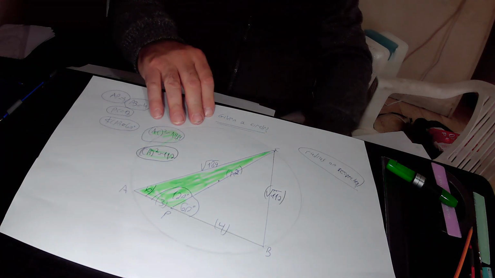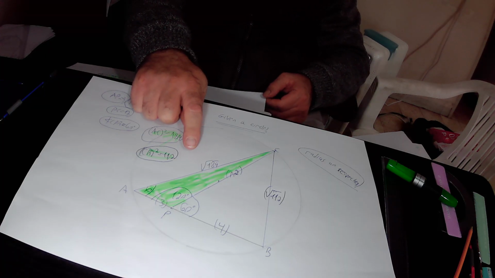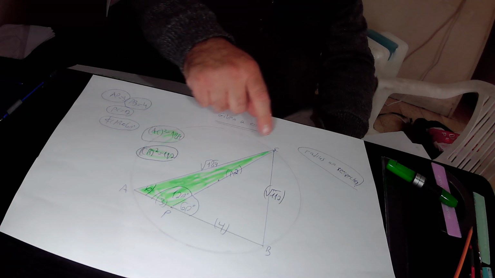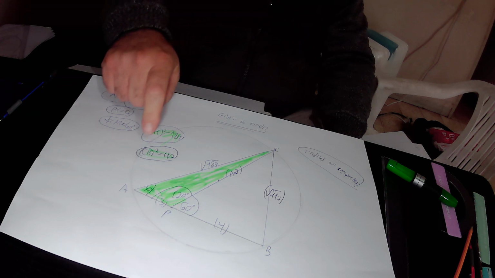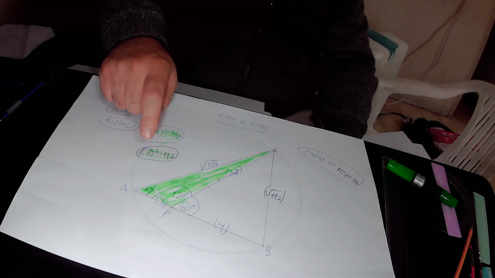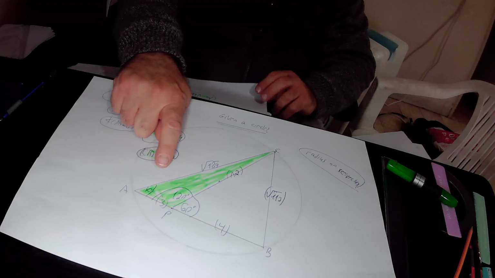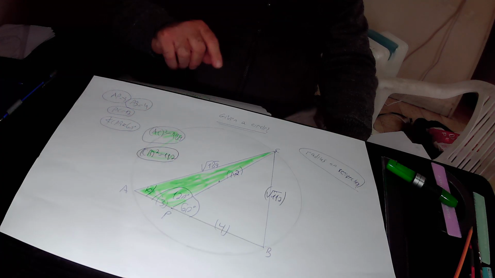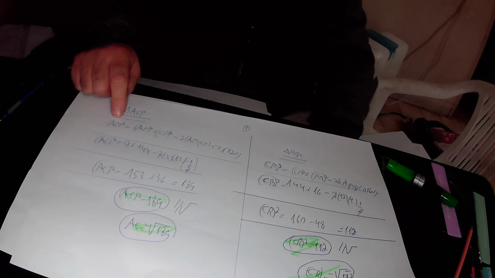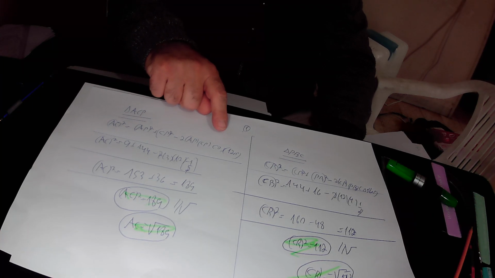According to the law of cosines, in this green triangle APC, the following equation is true: AC squared equals AP squared plus CP squared minus 2 times AP times CP times cosine 120 degrees.